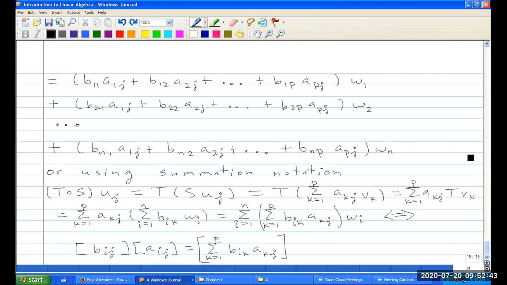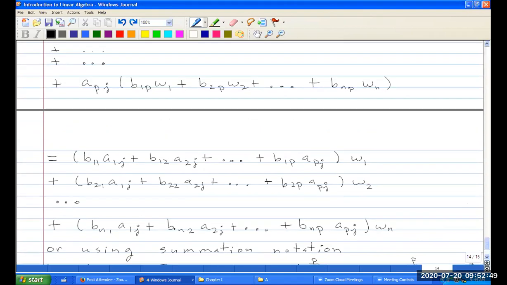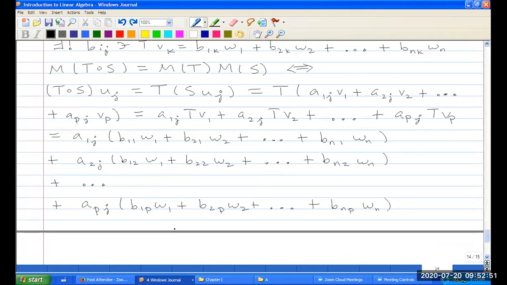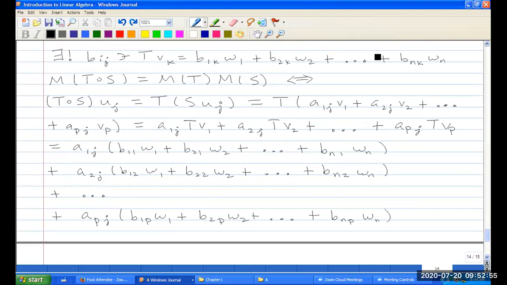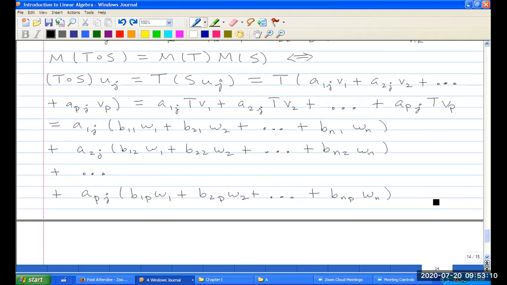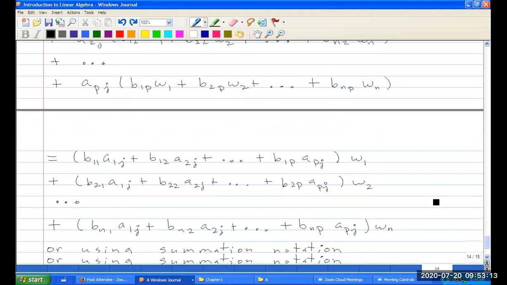Now, what's T Vk? We're going to use an i there. T Vk is the sum over i of B ik Wi, from i equaling 1 to n.